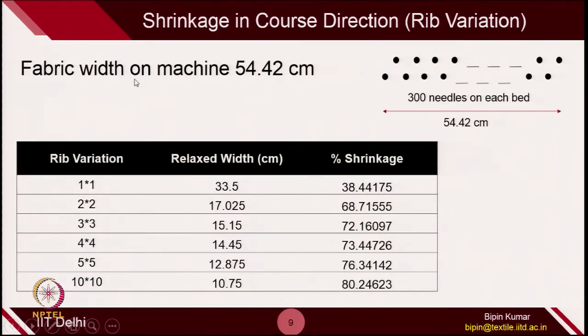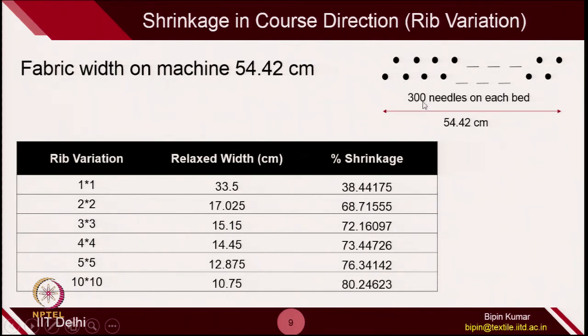To observe the shrinkage in the course direction, I used 54.42 centimeters of machine width. So, effectively I used 300 needles on the front bed and 300 needles on the back bed. The total length on the machine where the fabric was being formed was 54.42 centimeters, because the machine pitch was 1 by 14.